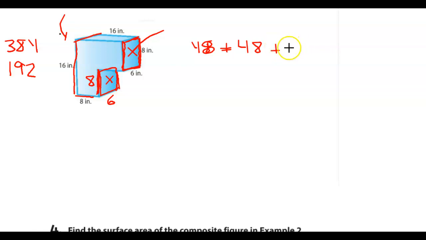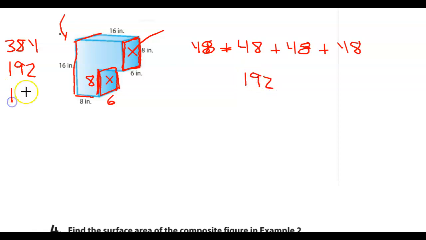So let's do 48 times 4, or 48 plus 48 plus 48 plus 48. And that also gives me 192.